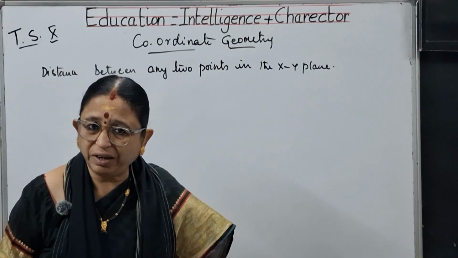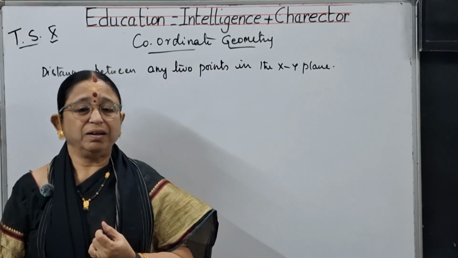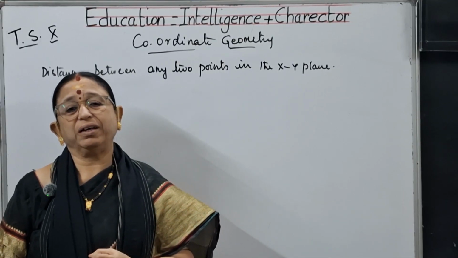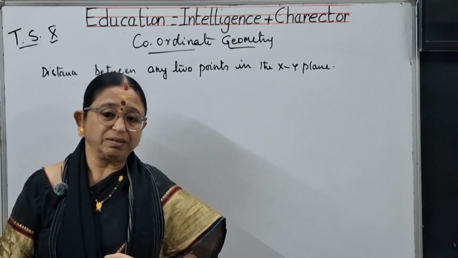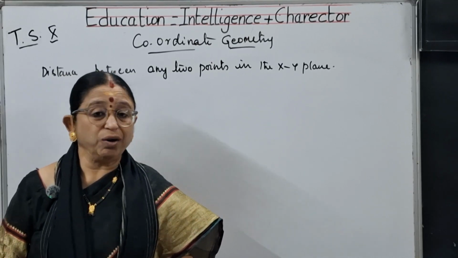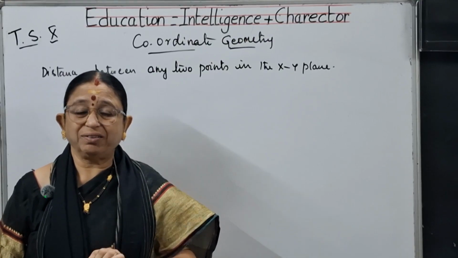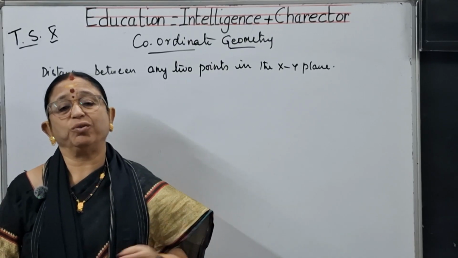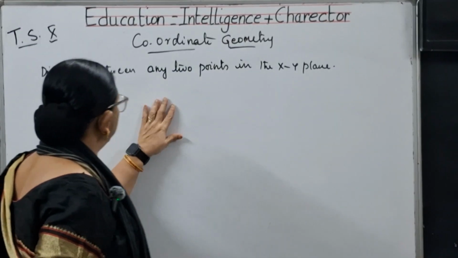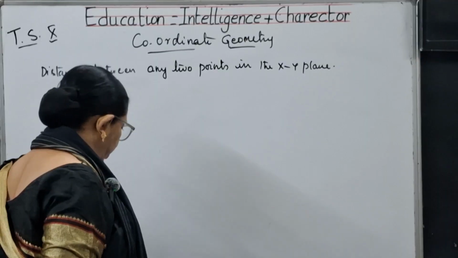The formulae we dealt with were for points lying on the x-axis, or on the y-axis, or parallel to the x-axis, or parallel to the y-axis. We also talked about when 2 points are there, one on the x-axis and one on the y-axis, how to find the distance. Now this topic is dealing with the distance between any 2 points on the x and y plane.